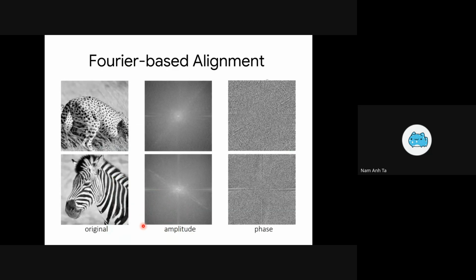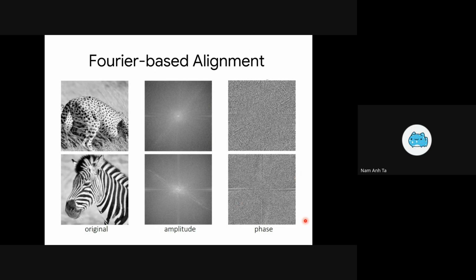In a more visual way, you can see we have two Fourier components right here, the amplitude and the phase. This is the original image. The middle column here is the amplitude spectrum, which shows the distribution of frequencies in the original image. And the third column here is the phase spectrum.